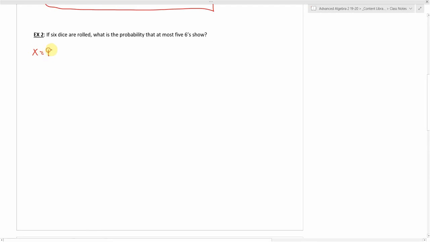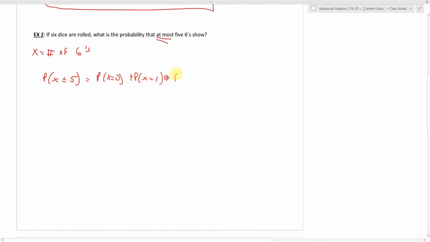We'll call x the number of sixes, and we want to know the probability of getting at most 5. Well, at most 5, we could think about this a couple of ways, is less than or equal to 5. So we could say, that's the probability of getting 0 sixes, so the probability that x equals 0 plus the probability that x equals 1.